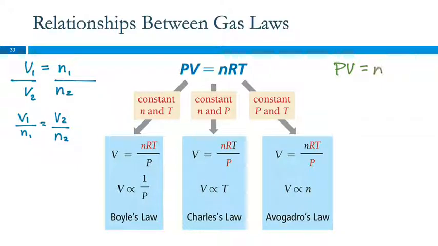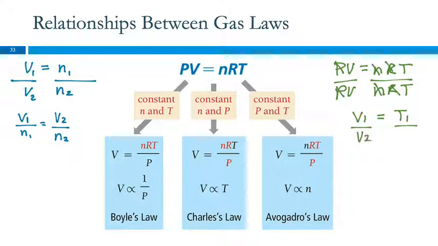PV equals nRT divided by PV equals nRT. And we've got something where n and P are not changing. Well, the n's cancel out, and the P's cancel out, and the R's cancel out. And so V1 and T1 on the top, and V2 and T2 on the bottom.